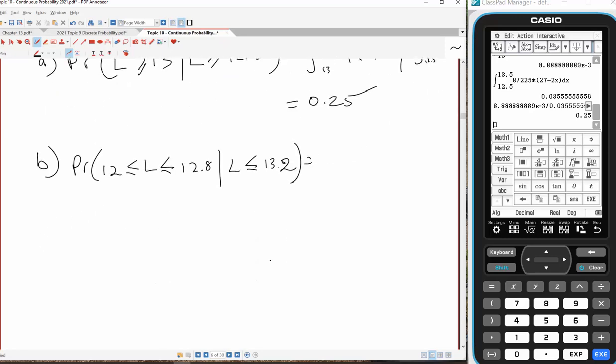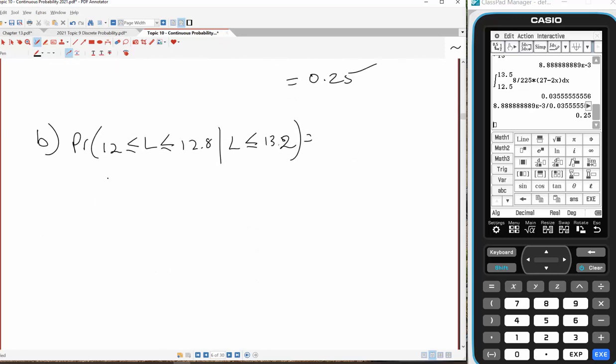Okay, so this one here, what we'll do is integrate between 12.8 and 12, f of L dL, divide by integrate between 12 and 13.2, f of L dL equals. Okay, so again, just use whatever we've done before.